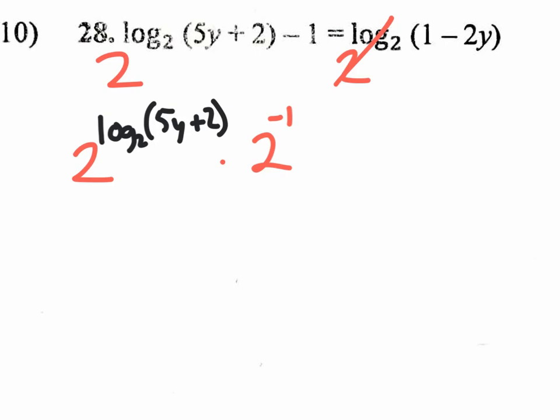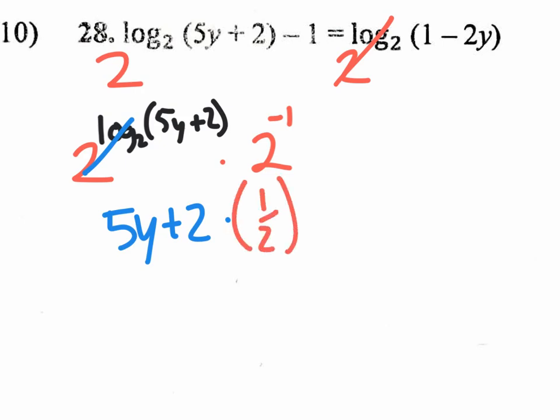So on the first part, this will cancel. You'll end up with 5y plus 2 times 2 to the negative 1, which is really times half, if you think about it. And on the right side of the equation, you have 1 minus 2y.